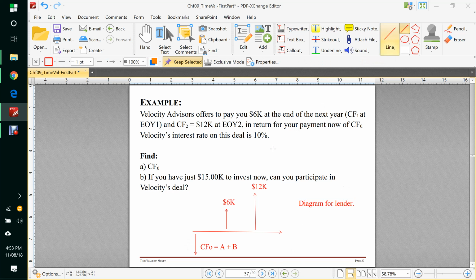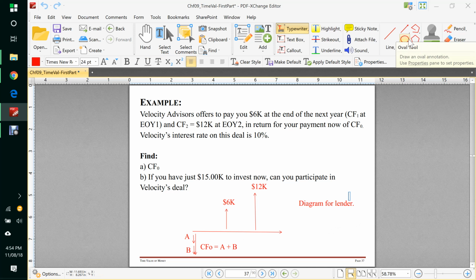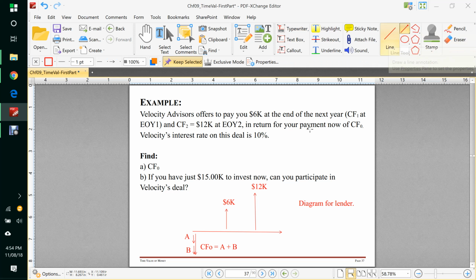Okay, and then as usual, we have CF0 is equal to A plus B, so that's going to be this piece here plus this piece here, A and B. So here is A, and there is B. All right, so again, this is pretty straightforward.